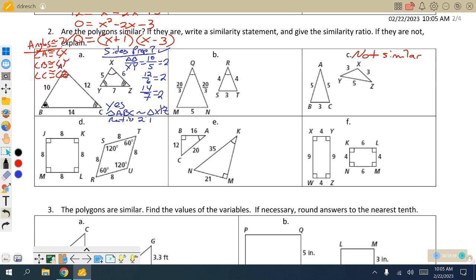Letter B. All right, let's look at letter B here. First thing is, on letter B, we do have congruent angles, okay? First thing I notice is these are isosceles triangles. The reason why we know that these are isosceles, we got the congruent angles, Q goes with R. We got the angle markings.